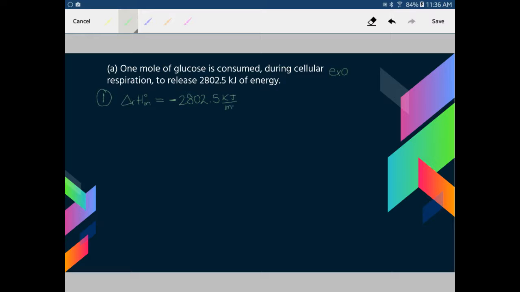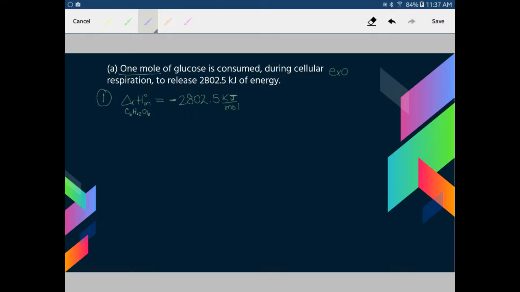And because we're only looking at 1 mole, we can automatically record this value as a molar value. So we can record 2,802.5 kilojoules per mole. Now the one thing we're missing is that we need to record this as C6H12O6, so we need to look at this for glucose. So this is the first method of recording our changes in enthalpy.